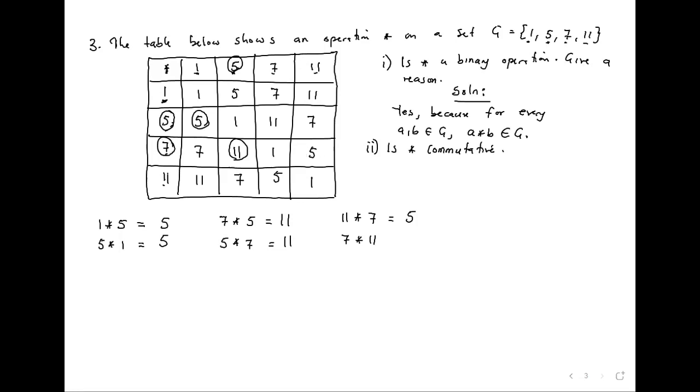So it looks like all the combinations will be the same. From any choice, A star B will be the same as B star A. So star is commutative.